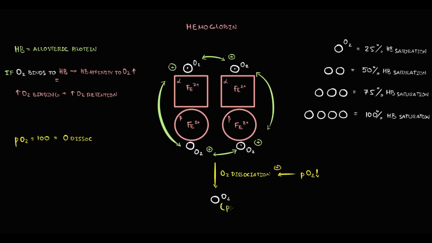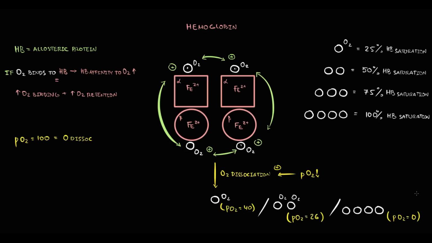Hemoglobin gives away the first oxygen molecule only when partial pressure of oxygen becomes lower than 40. The dissociation of 2 oxygen molecules occurs only with partial pressure of oxygen lower than 26. And 4 oxygen molecules dissociate only with partial pressure of oxygen near 0.